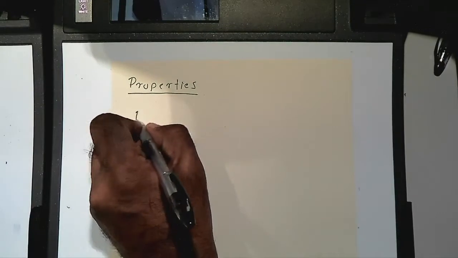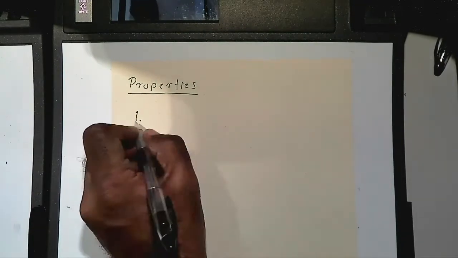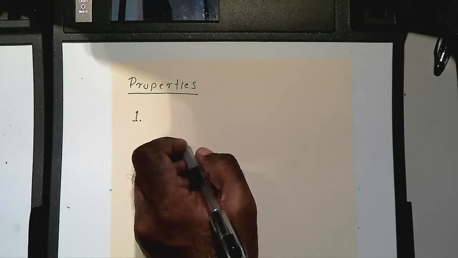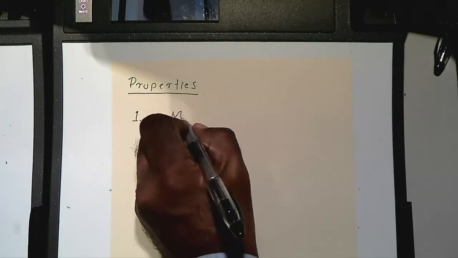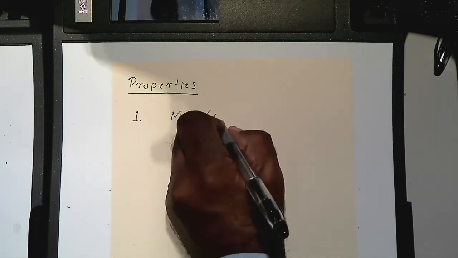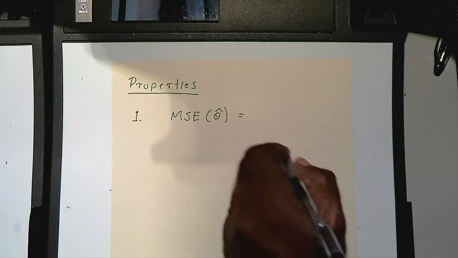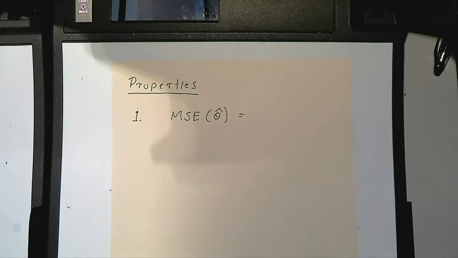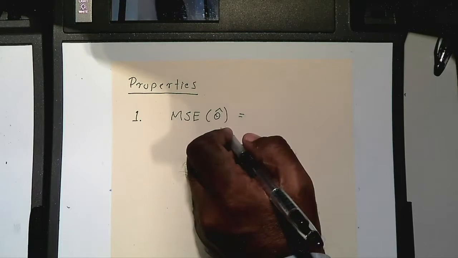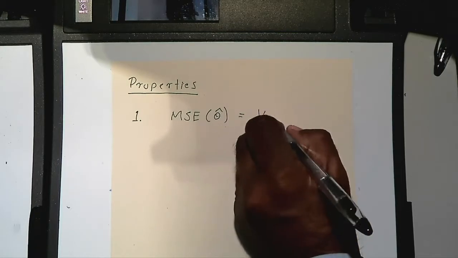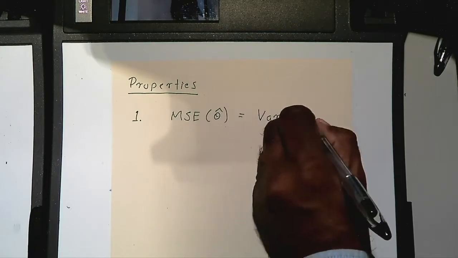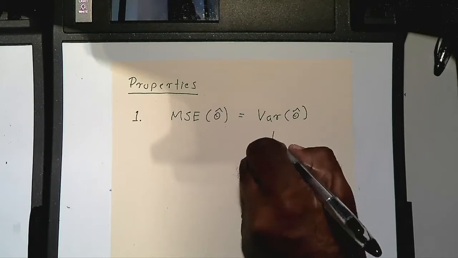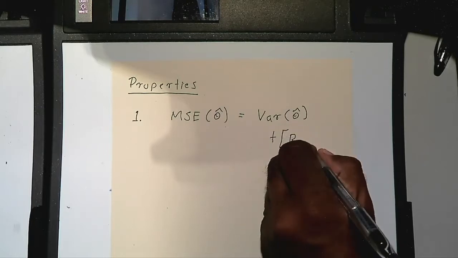Property number 1 is the following, that is, the MSE of an estimator is equal to the variance of that estimator plus the square of the bias.